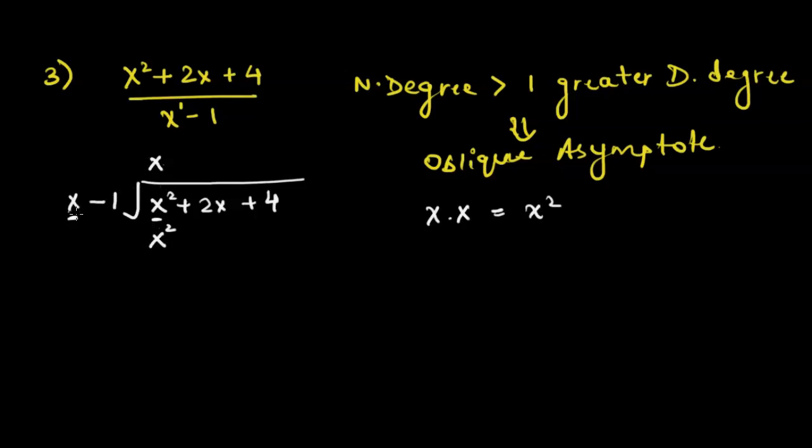However, we notice that this x is not alone. There is a minus 1 attached to this x as well. So when we multiply this x with x and get an x squared, we also multiply the negative 1 with x to get a negative x, or negative 1x, that we would put under the positive 2x because we always put the like terms together.